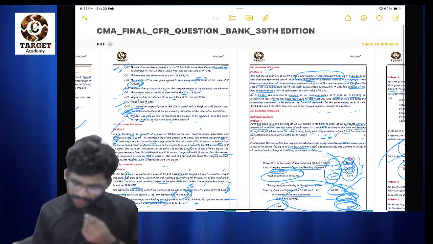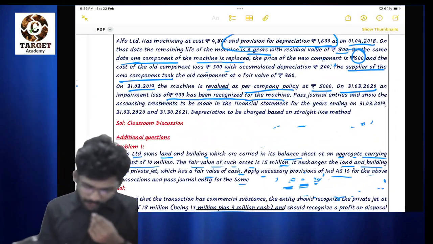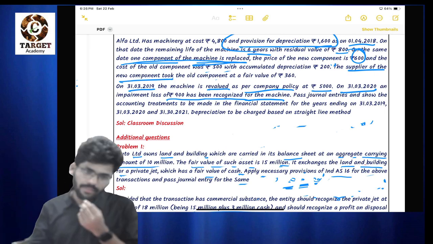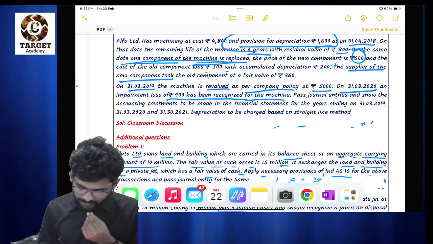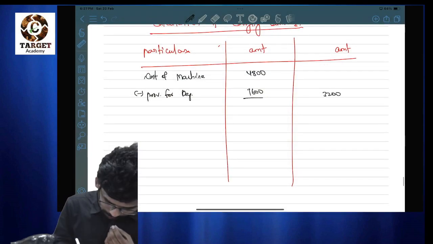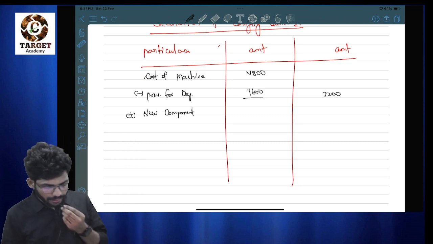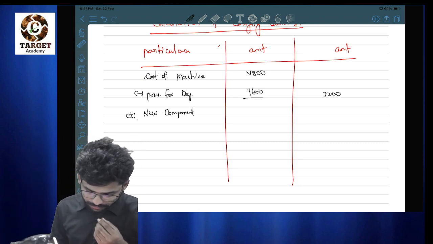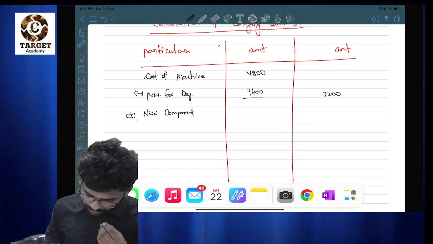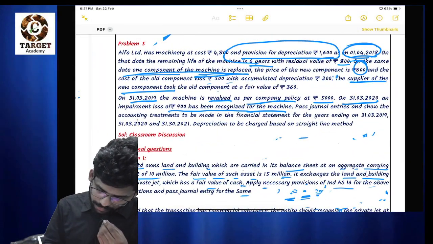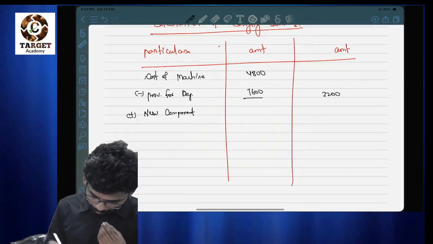On the same day, one of the components is replaced. What is the new component price? 600. Add new component. What is the date basically? On which date is the original? 1/4/18, right?